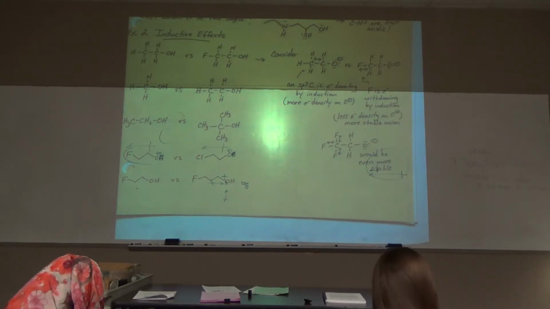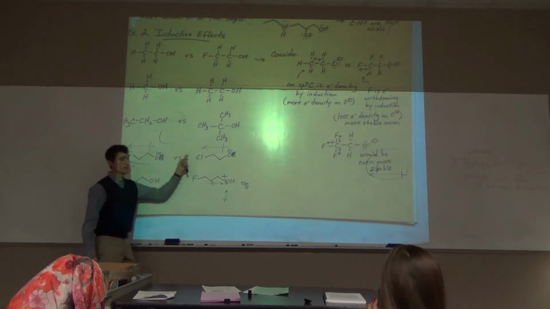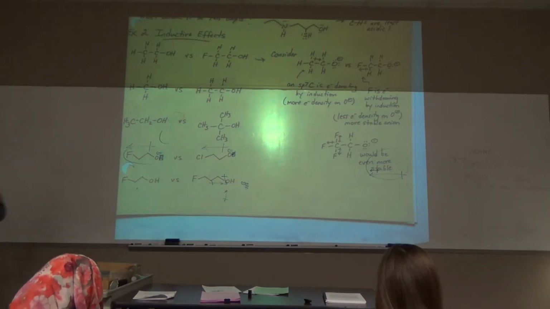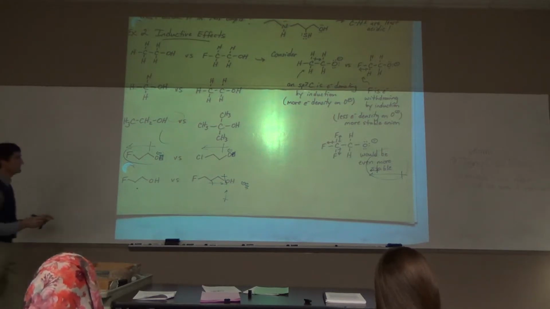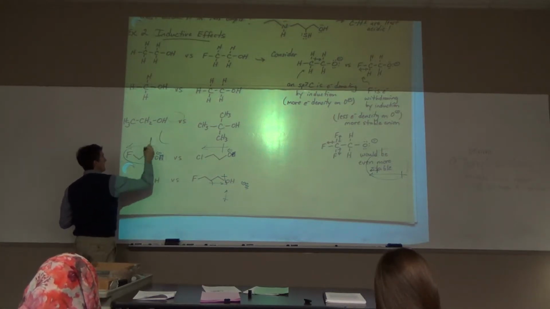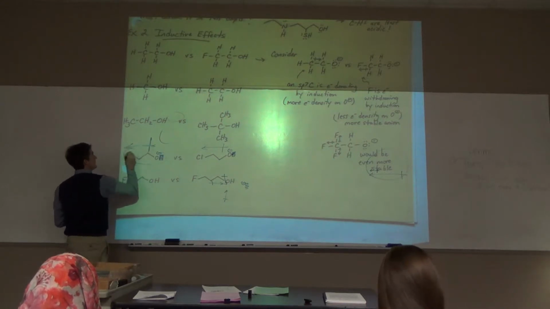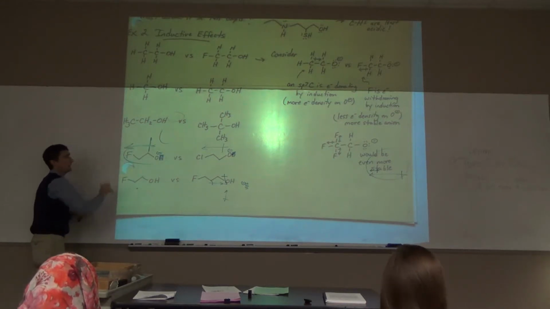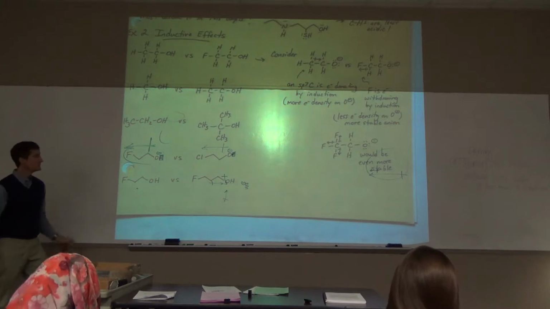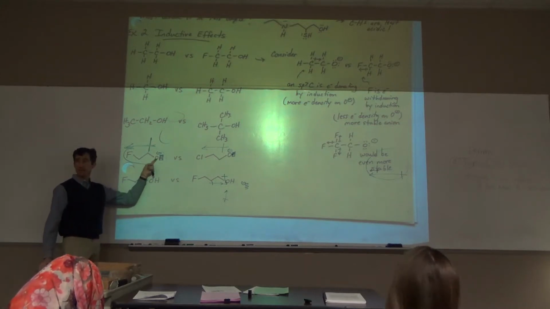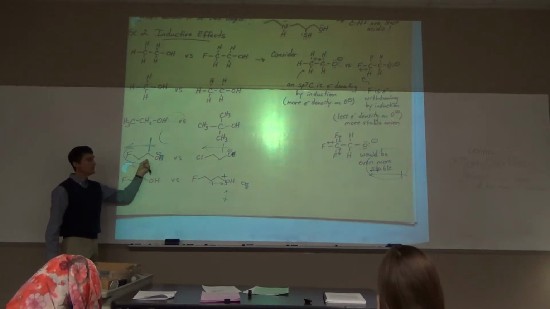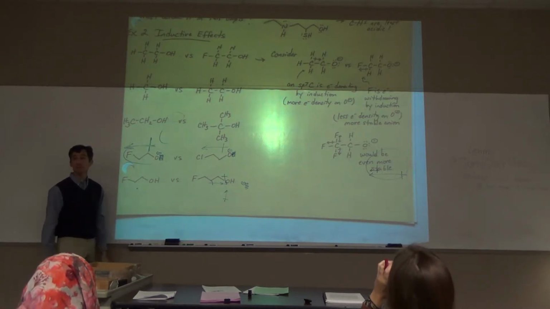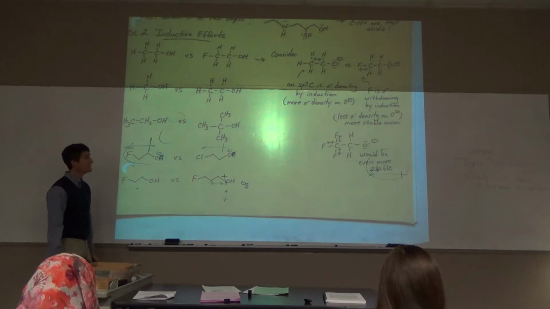I'm going to affect you way over there. I'm pulling. Which pulls more, F or Cl? F. Induction is electronegativity. F pulls more. It's more electronegative, so this anion is going to be more stable. And so that original alcohol is more acidic. It's more willing to become the anion.